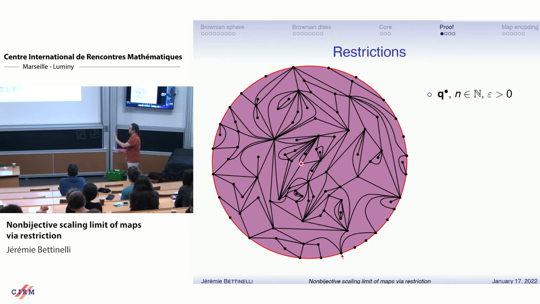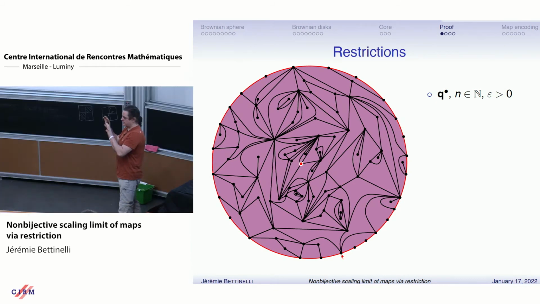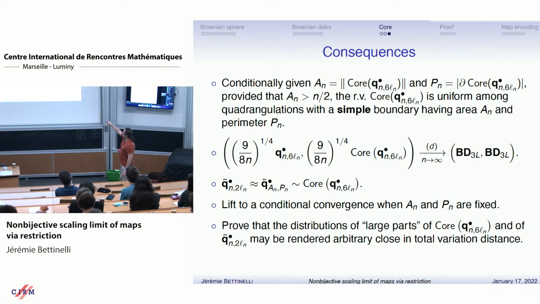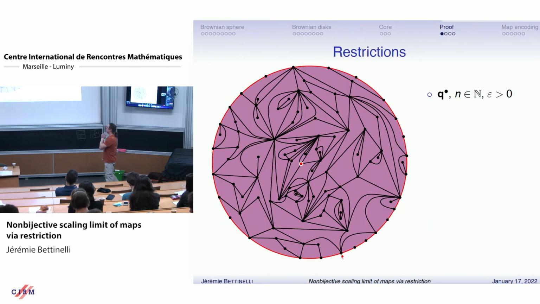Now I have my two objects. They both have simple boundaries, because now I compare. I don't care about this one anymore. I really care about this one, which has a simple boundary, and I know that it converges, and this one, which has a simple boundary, and I want to show that this also converges to the same object. So I have a quadrangulation with a simple boundary and a marked vertex here.